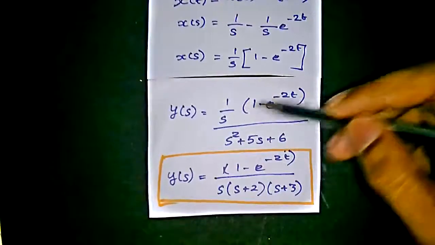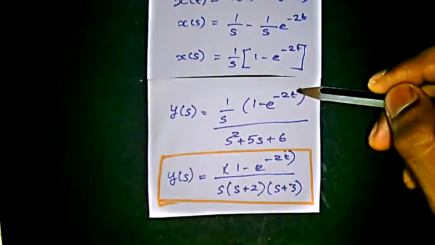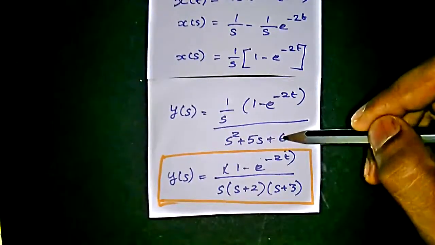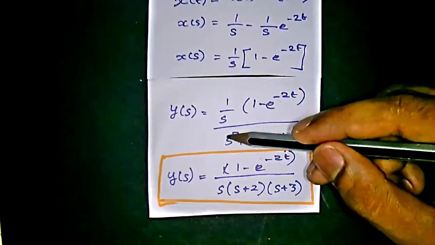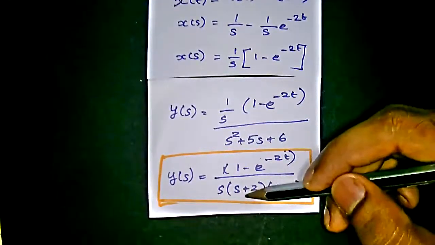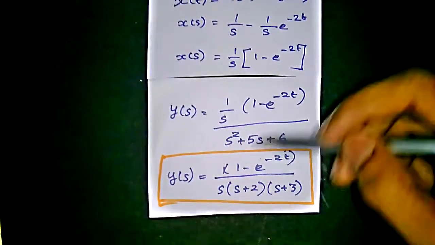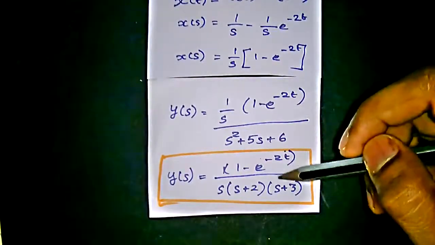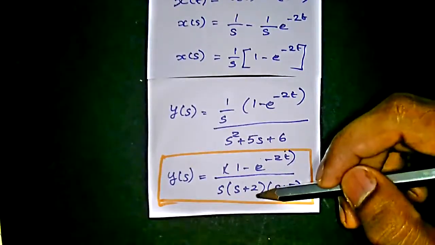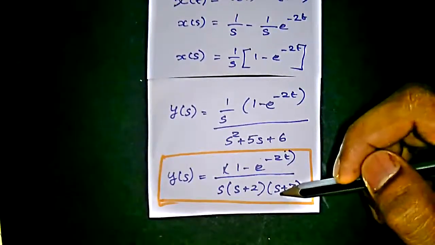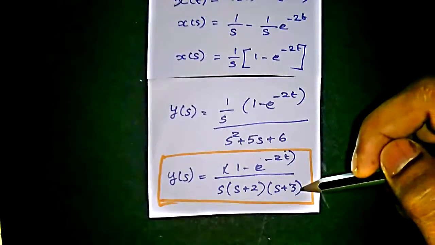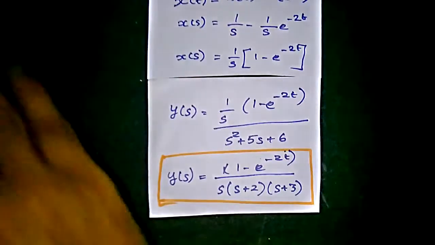We get 1 by s times 1 minus e to the power minus 2s divided by s squared plus 5s plus 6. The 1 by s can be written in the denominator, so we get 1 minus e to the power minus 2s divided by s times s plus 2 times s plus 3. This is the final equation for the given differential equation.